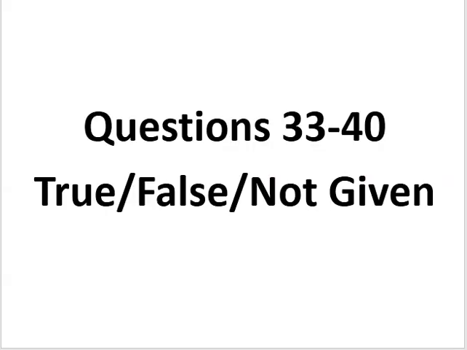The next set of questions belongs to the type true, false, not given. Although it is a very simple question type, students often have confusion in this. Basically here you will see a set of statements, and you need to read the text and confirm if they are true, false, or not given.